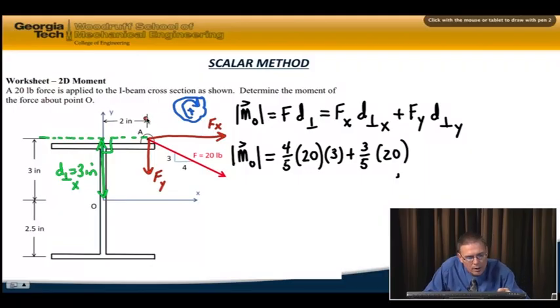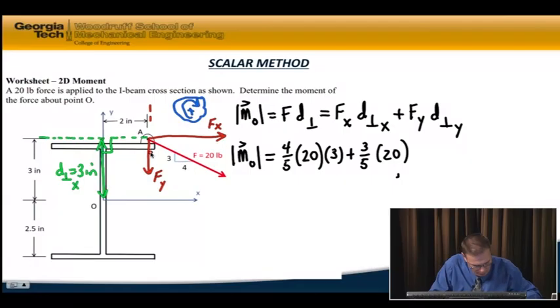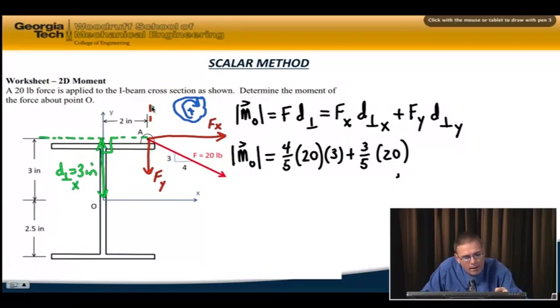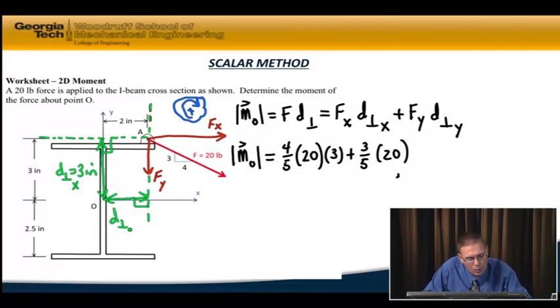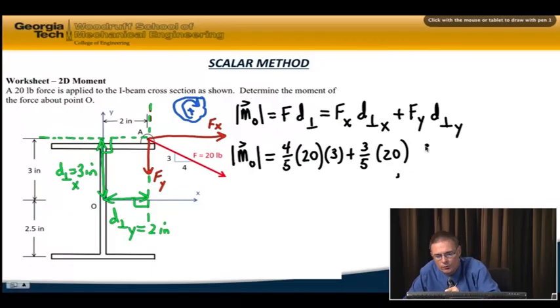And so here's the line of action of the force f sub y. And so the perpendicular distance from O to that line of action of that force is d perpendicular y equals 2 inches. This is times 2.